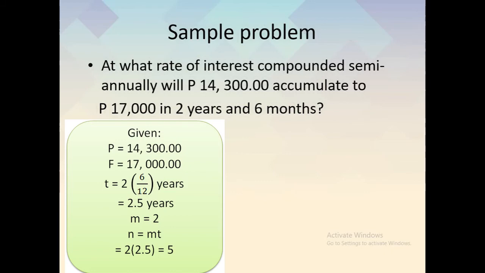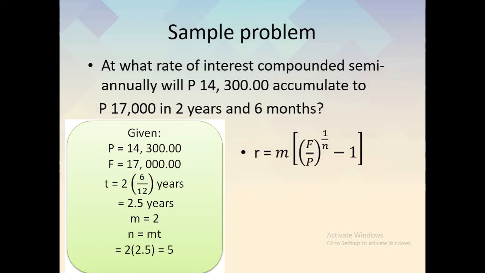Let's now have the formula. R is equal to m times the bracket quantity F over P to the power of 1 over n minus 1.